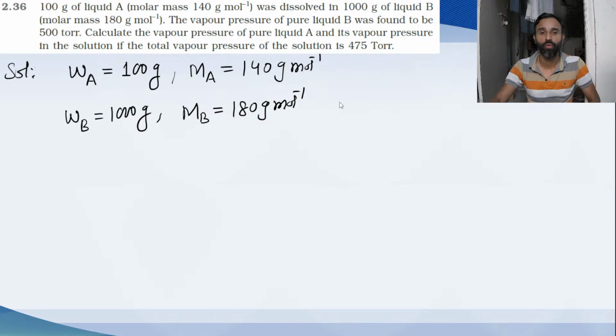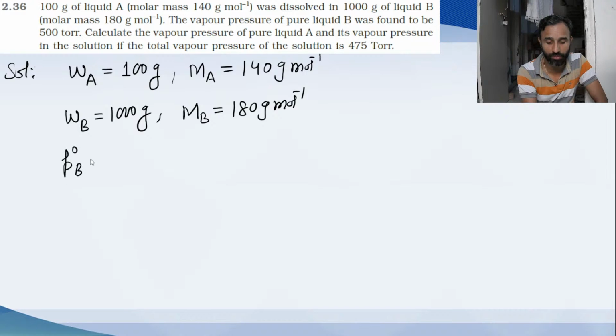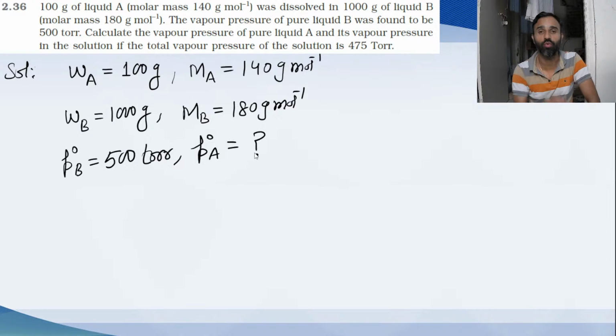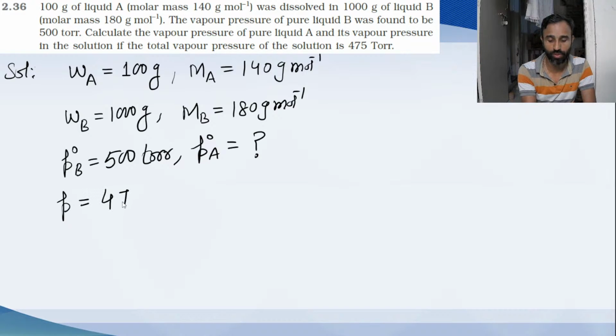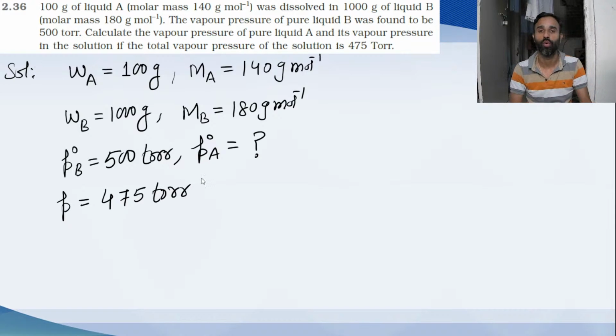So now what we have to calculate? P naught B is given to us, but P naught A we have to calculate. And the total vapor pressure of the solution is given. That is 475.